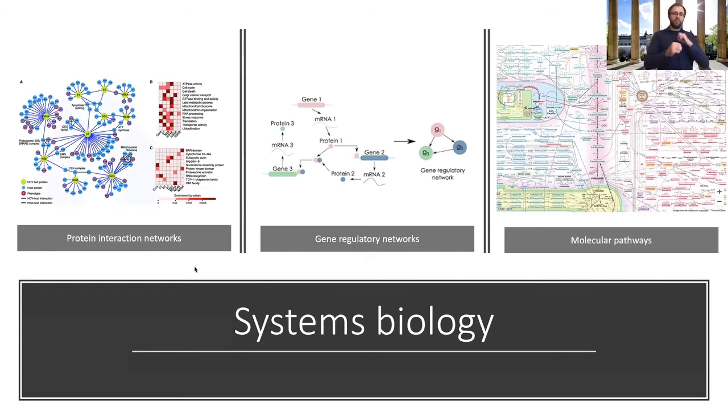Understanding which proteins interact and which don't. Gene regulatory networks, understanding what the expression of one gene has on the expression of another. Some genes will suppress the expression of the genes, and others will enhance, for instance. And then this really complicated thing here is like molecular pathways. So looking at a molecular level at compounds and so on, and seeing how they interact, metabolic pathways, this sort of stuff.